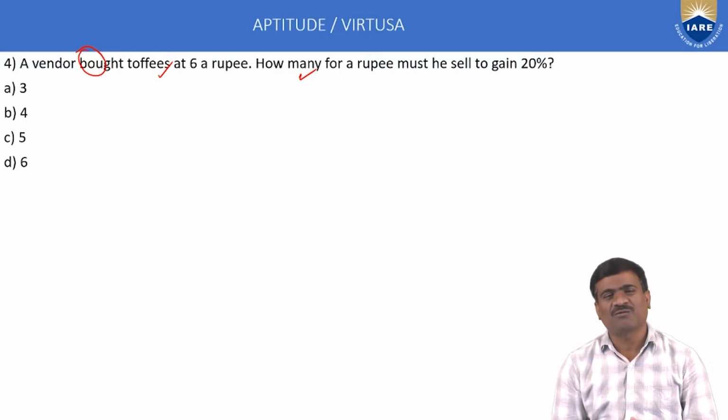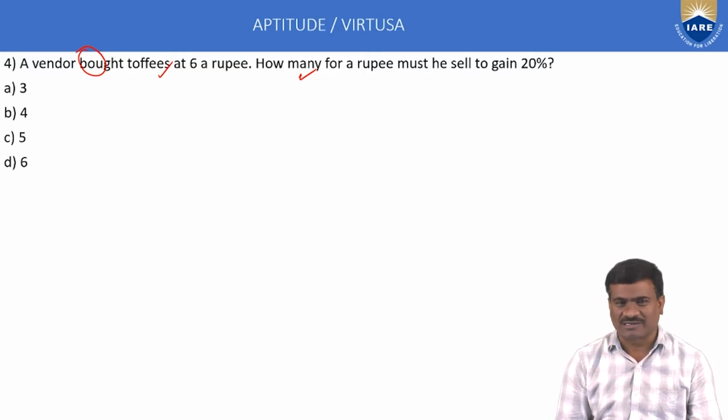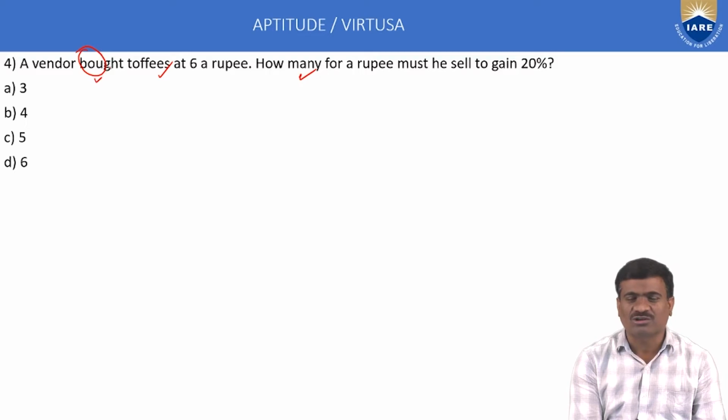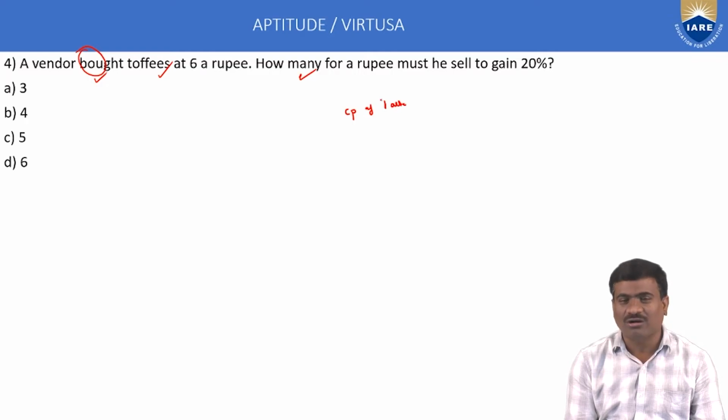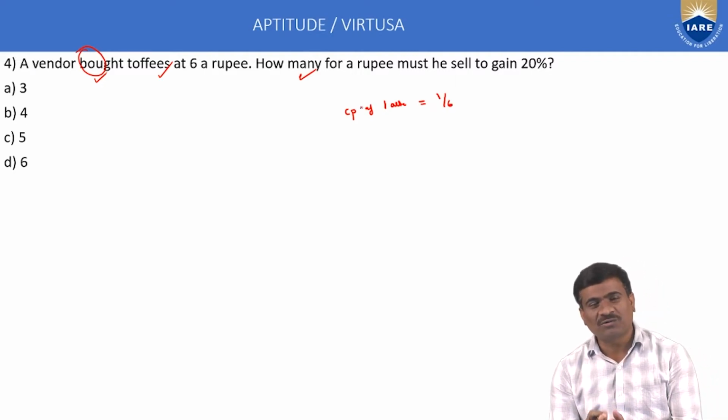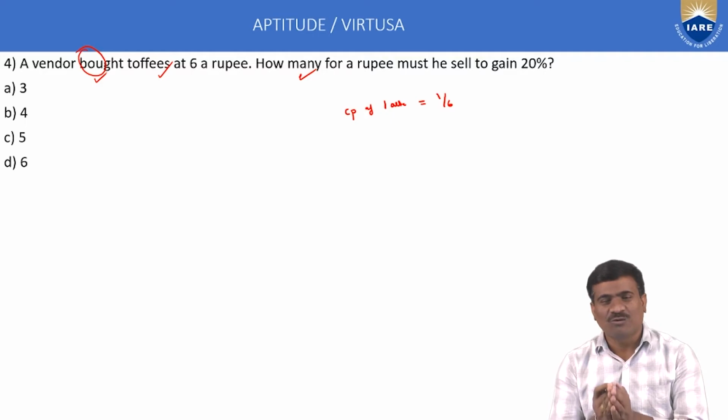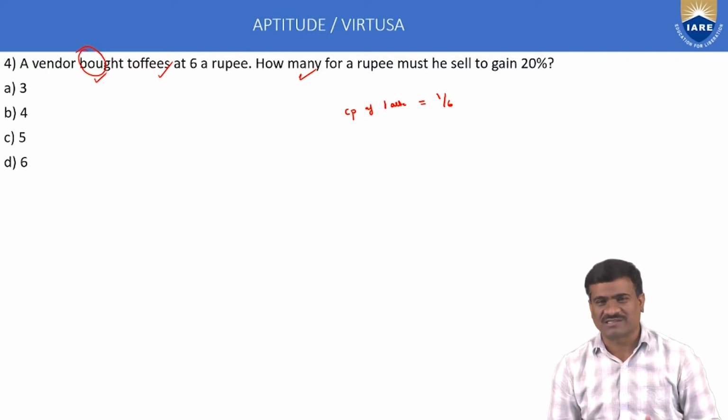First statement converted into a one article price, but indicate cost price. Then calculate cost price of one article. Okay, cost price of one article or one toffee is equal to 1 by 6. Here method is 1 rupee 6 articles, one article price 1 by 6.